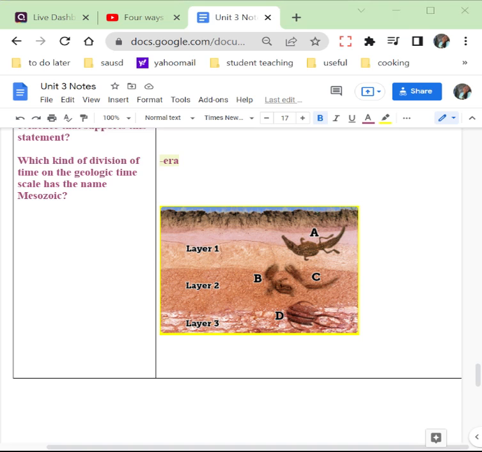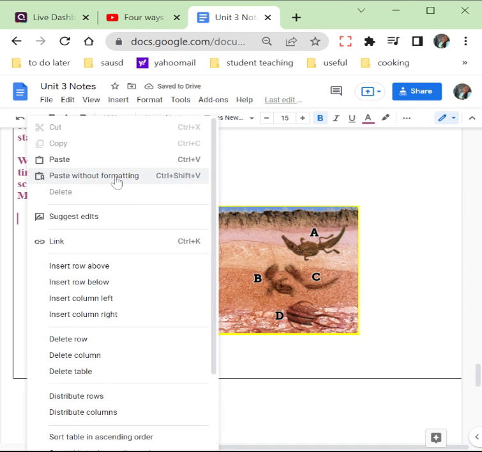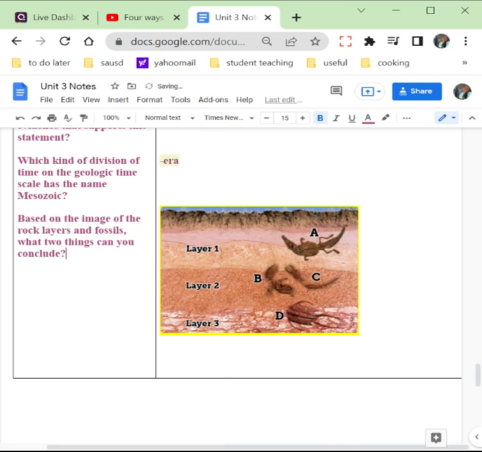So you might get a question asking, based on this picture of rock layers and fossils, what two things can you conclude? And then you'll just have to look at the choices.